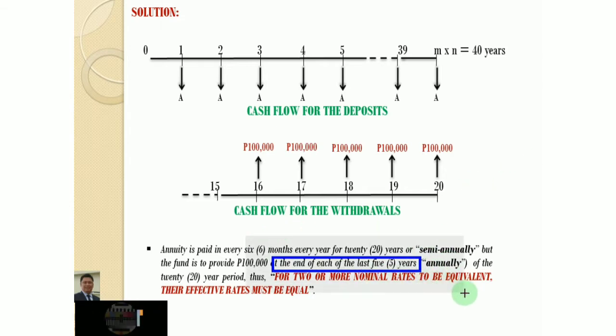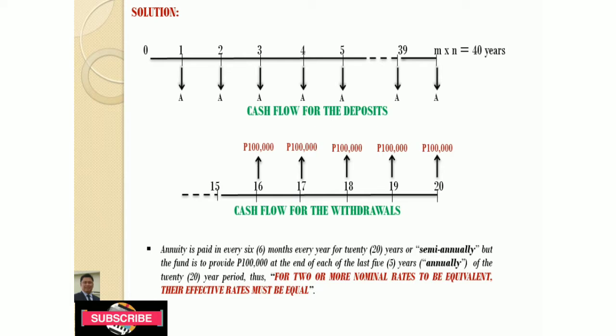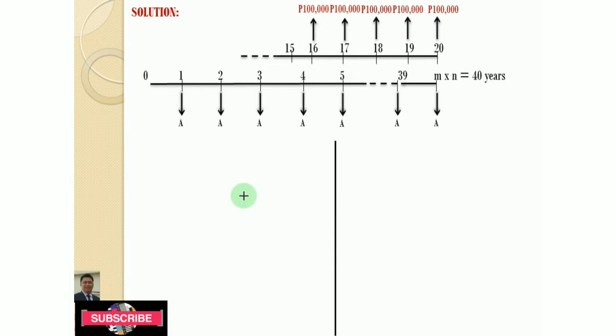Okay, so we have now to determine the ERI, actually the effective rates of interest. But we have this cash flow going downward for the deposits with this annuity until the 40th period because of the semi-annual compoundings, and above this we have the cash outflow from the 16th, 17th, 18th, 19th, and the 20th year with this 100,000 pesos.